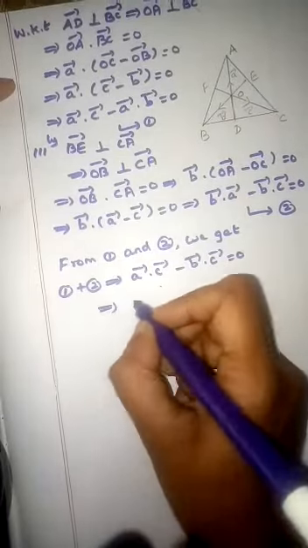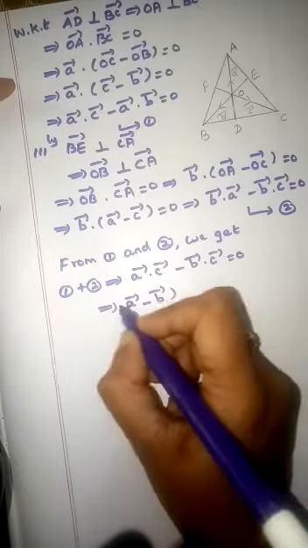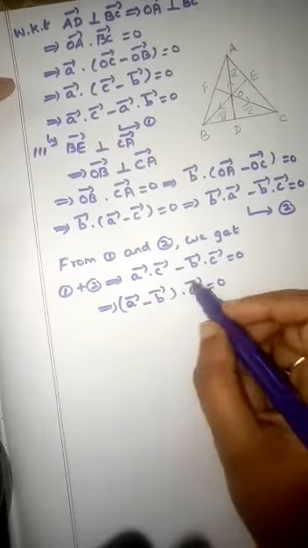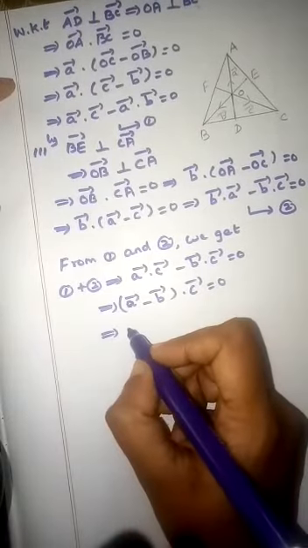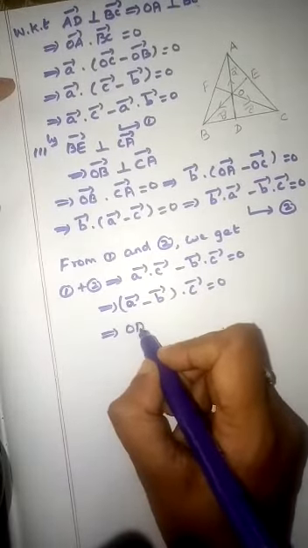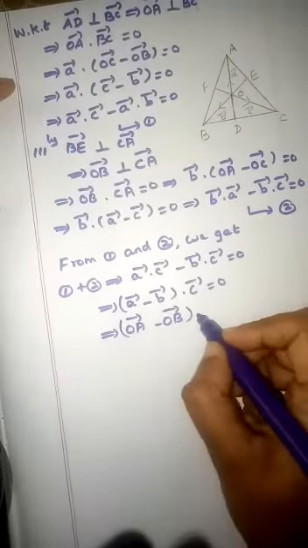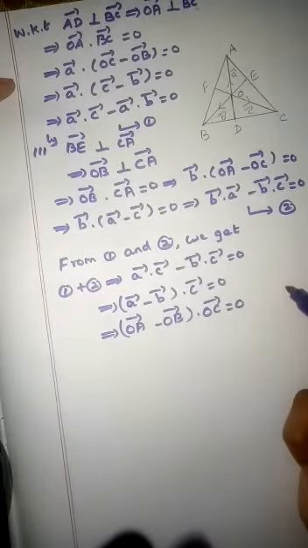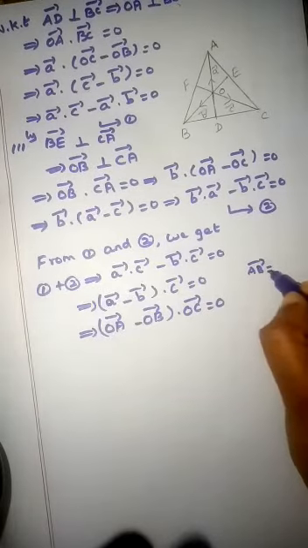So now it is (A vector minus B vector) dot C vector equal to 0. C vector is common, so I am taking it outside. Like this you can write, which implies (OA vector minus OB vector) dot OC vector equal to 0. So now listen here. If we have AB vector, how will we write it?